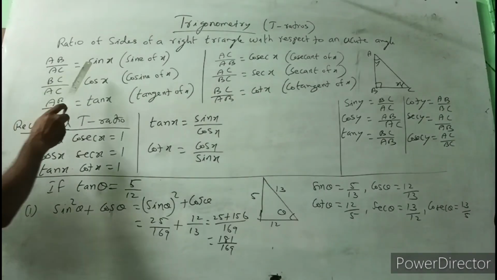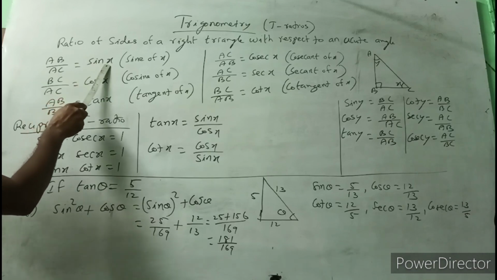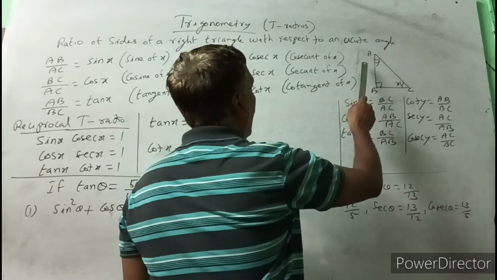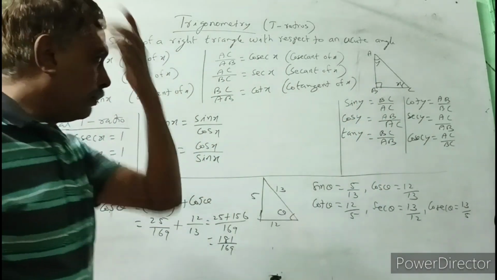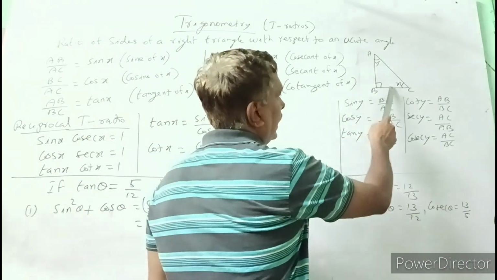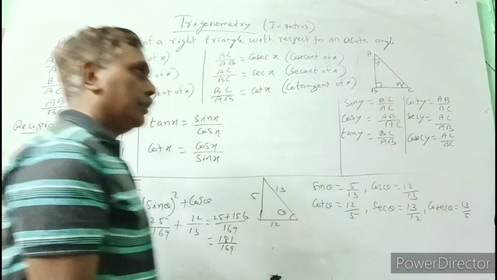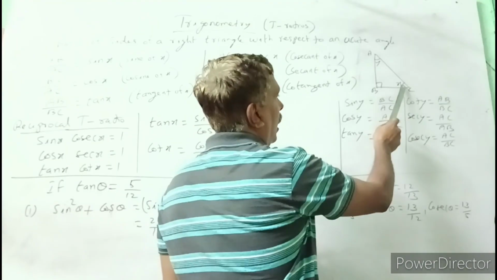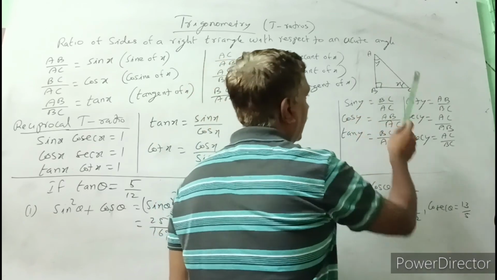So once again I tell you, sine of the acute angle is the opposite side of angle X divided by its hypotenuse. Similarly, cos X is the adjacent side of angle X divided by the hypotenuse. Tan X is the opposite side of angle X divided by its adjacent side.